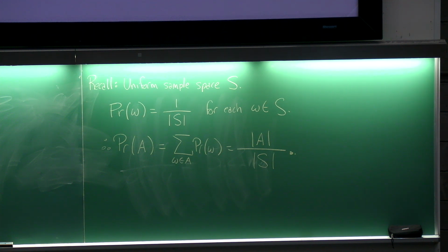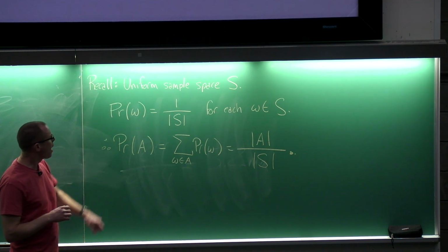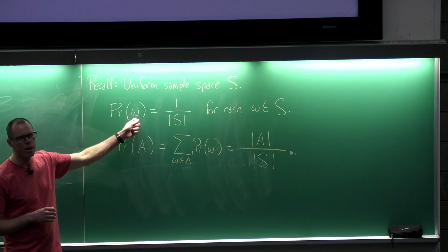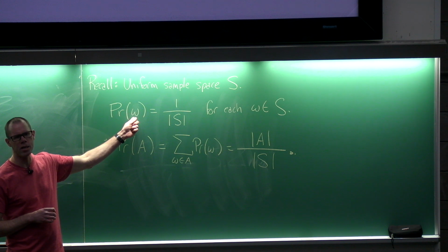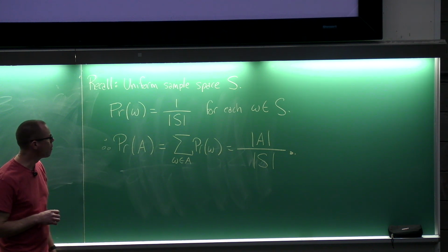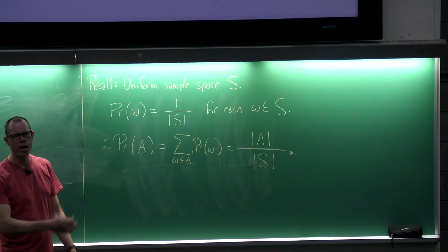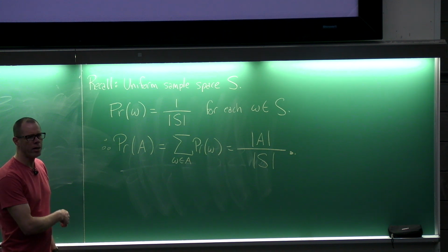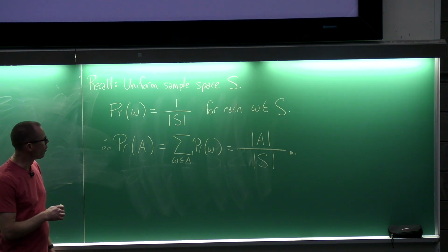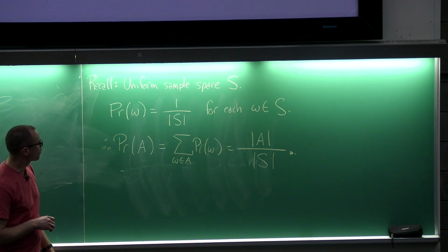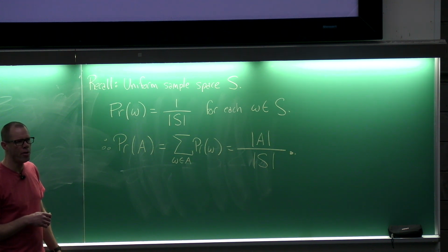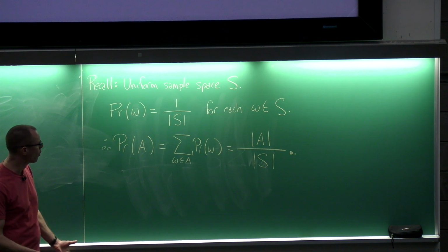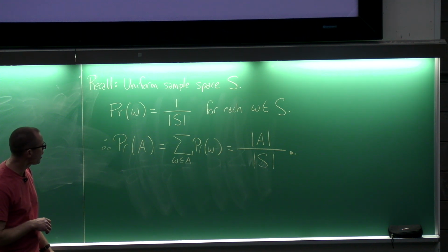The uniform part here means that every element in the sample space has the same probability associated with it. So everything is equally likely, and we've seen examples like rolling a 6-sided die. Each of the outcomes has probability 1/6. Picking a random integer from 1 to 100, each of them has probability 1/100. We'll see that one again today.